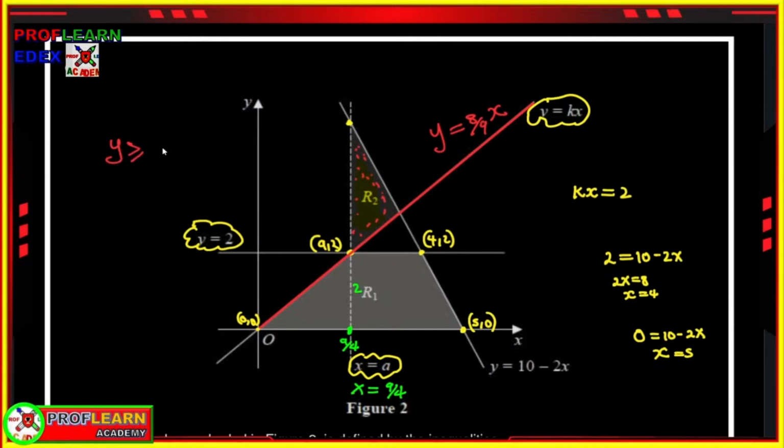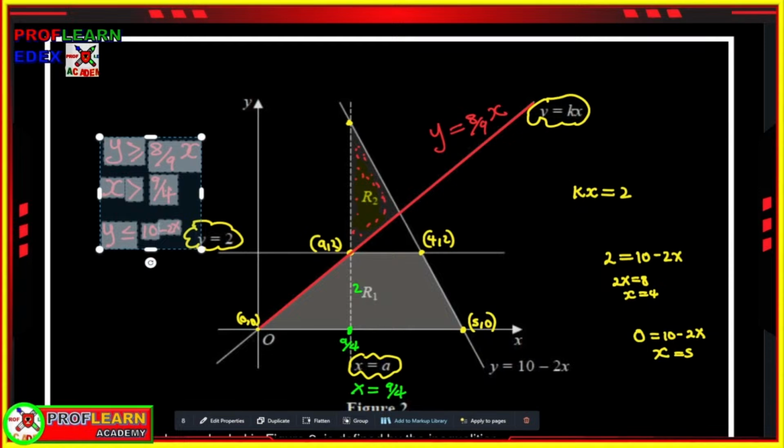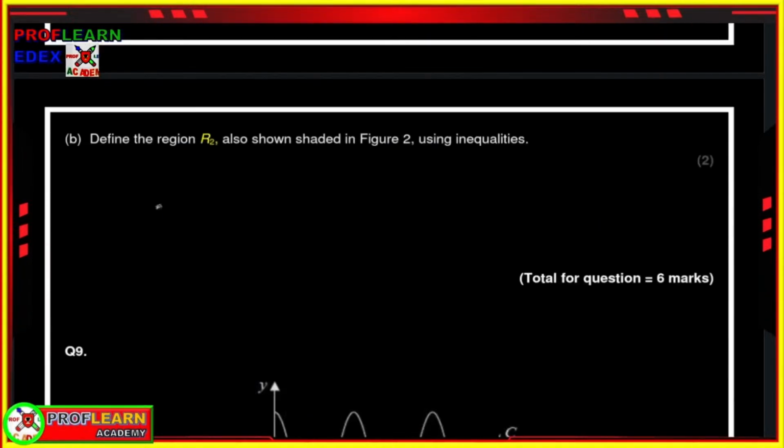So the inequality here will be y is greater than or equal to 8/9x, and x is greater than, because this line is dotted, so we are just going to say greater than, like that, right? So basically these are the inequalities that you are supposed to identify in this particular question.